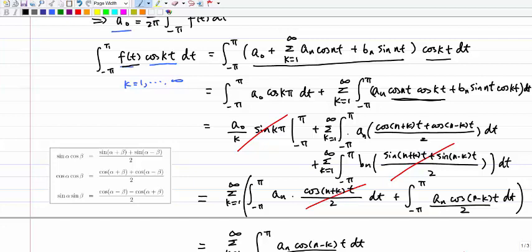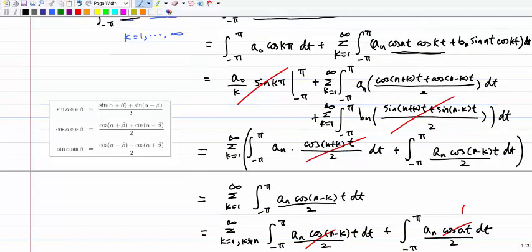So we are only left with this summation from k equals 1 to infinity, the integration from negative pi to pi of a_n times cosine. I split this 2 as cosine (n plus k)t divided by 2 dt, and the integration from negative pi to pi of a_n times cosine (n minus k)t divided by 2 dt.